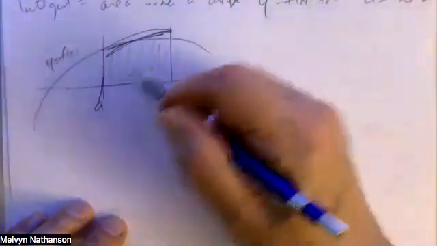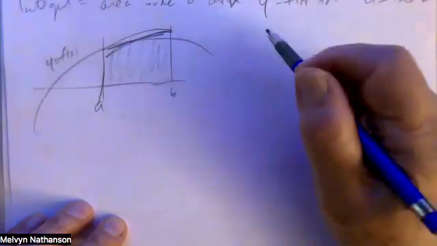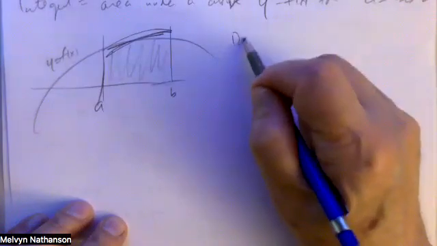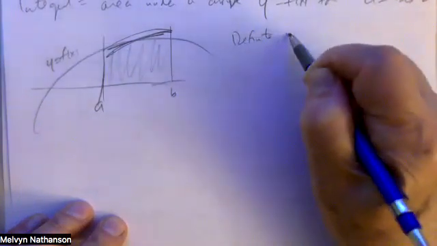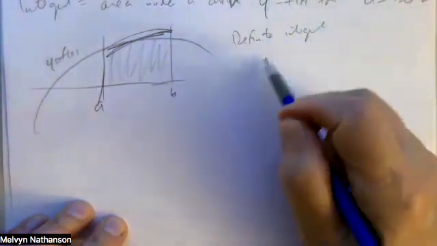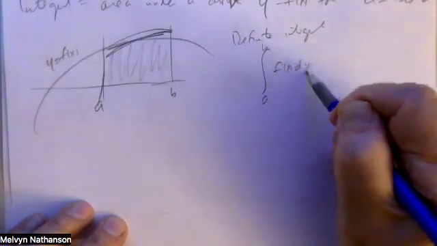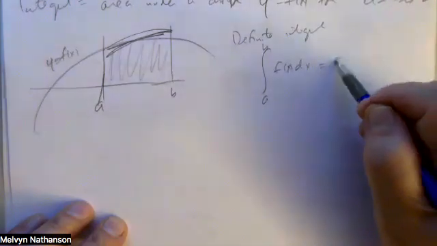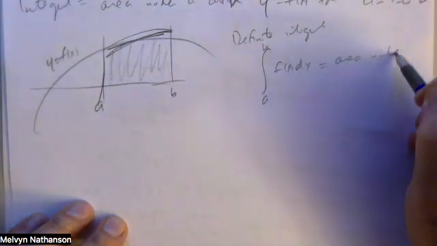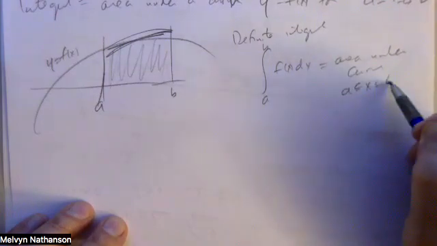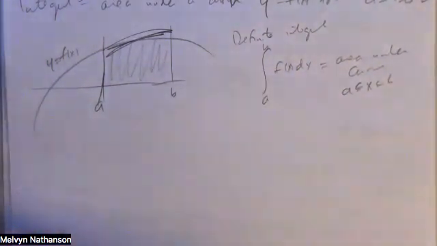This area we call the definite integral, and we use this notation. This is just notation. This is the area under the curve as you go from a to b. That's the definite integral.